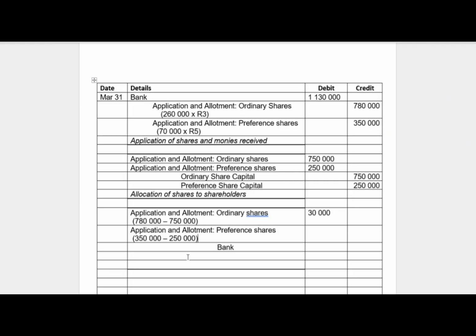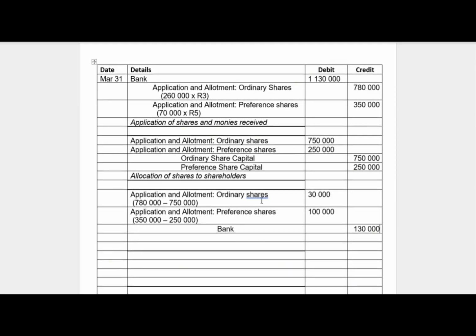So it's going to be 350,000 less 250,000 rand, and then you are refunding 100,000. And then in total you are refunding 100,000 plus 30,000, which is 130,000. So the amount that is going to be out of your bank for refund is 130,000, and then you are done recording the refund there.